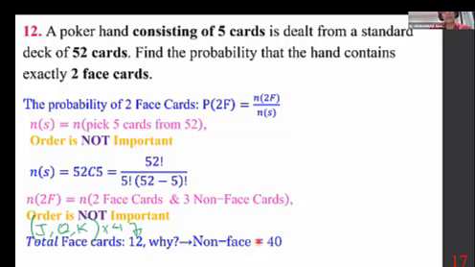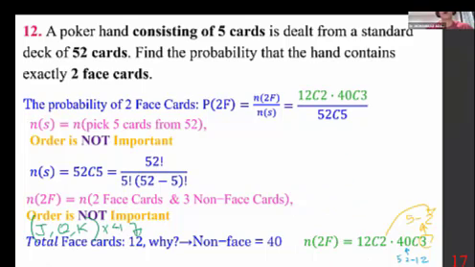That means combination of 40, choose the rest of them, the rest of 2, 5 minus 2, which is 3. So I want to make sure everybody understands how the numbers come about. So 12 is Jack, Queen, and King times 4, 12. And then 40 would be 52 minus 12. And number 3 would be 5 minus 2, because we have a total of 5 cards.